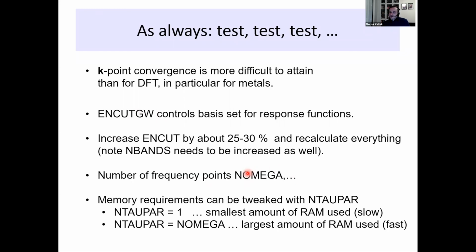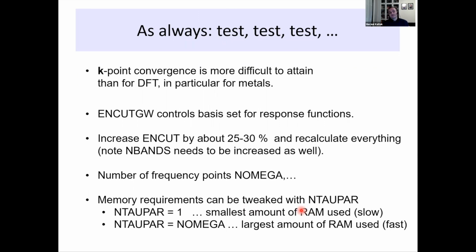What is important to mention is that the memory requirement for this approach can be large. However, you can tweak it with the tag NTAUPAR. If you set NTAUPAR equal to 1, VASP will use the smallest amount of RAM possible for a system with a given number of MPI ranks.